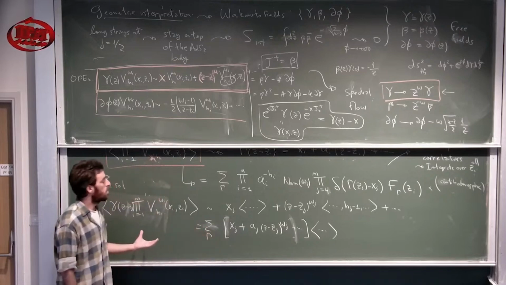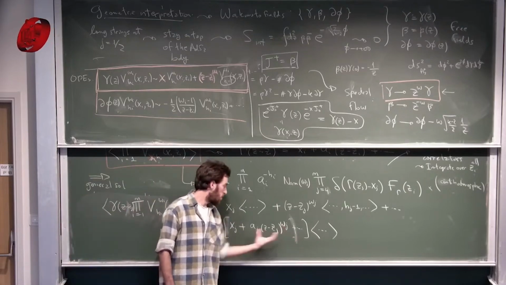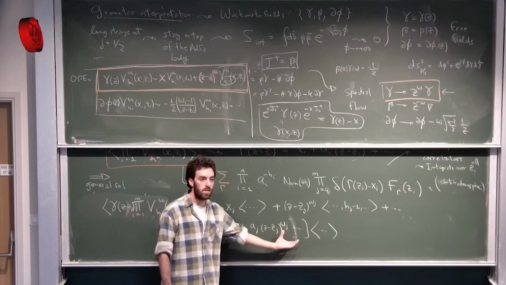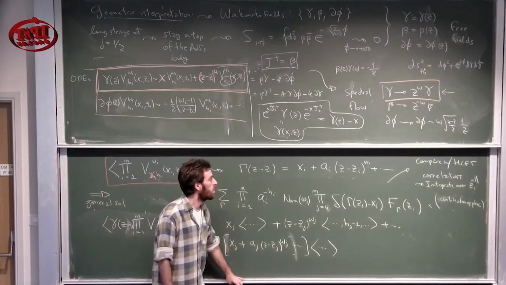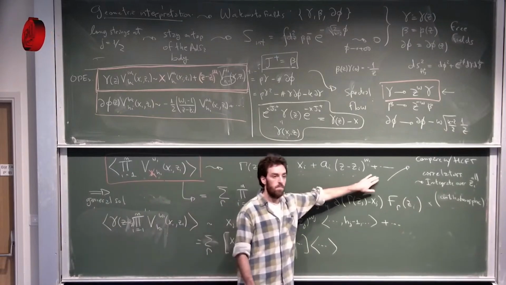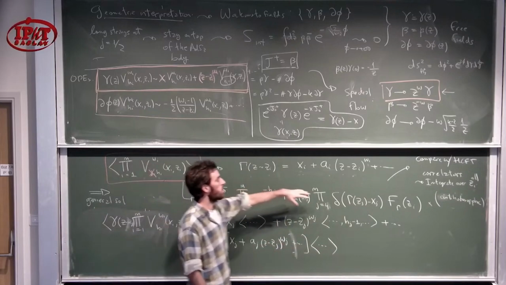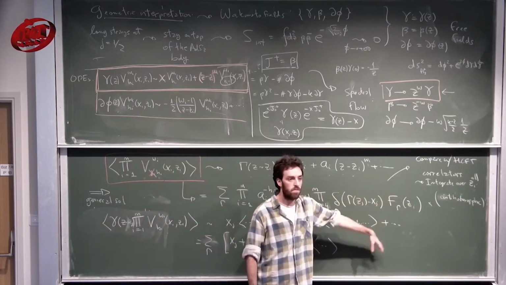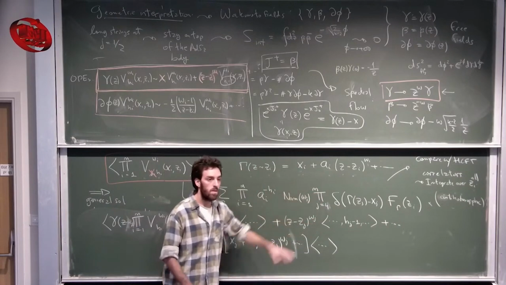But this is nice because this is exactly what we expect the covering map to do. It's exactly the expansion of the covering map that I have here. You can continue checking this for higher orders, and it always agrees if you use this formula.